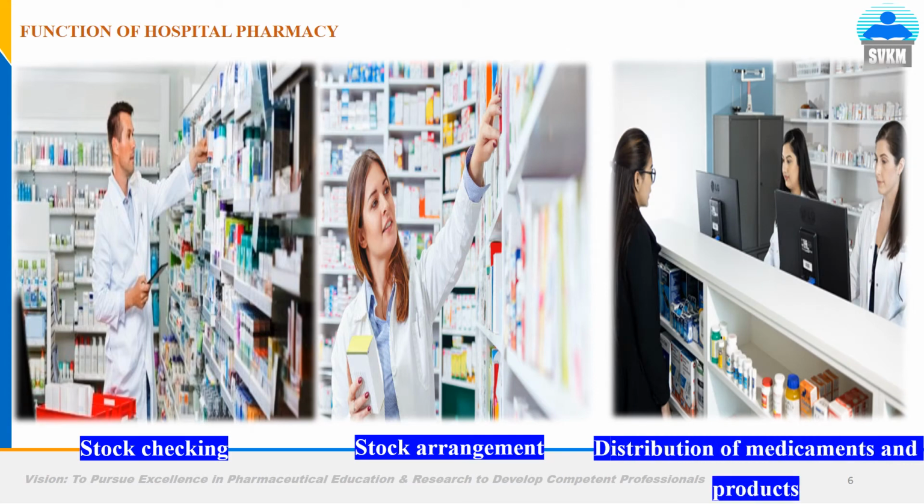Now the next important function shown by the hospital pharmacy is nothing but the drug distribution system, that is, the distribution of drugs, medicaments or products inside the hospital pharmacy, to different areas of the hospital or to the customers of the hospital pharmacy. To understand the drug distribution system, we need to learn the types of departments inside the hospital pharmacy.